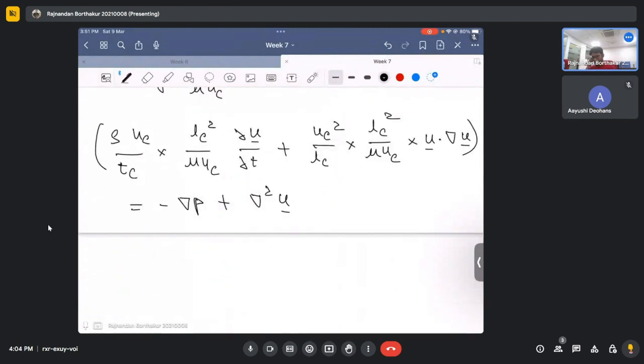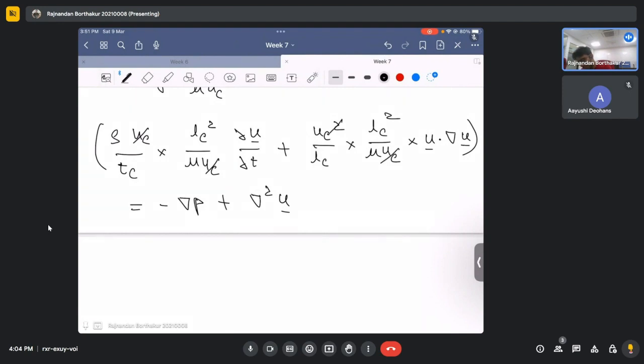Okay, and now let's simplify the left hand side. So this is UC and this is UC.